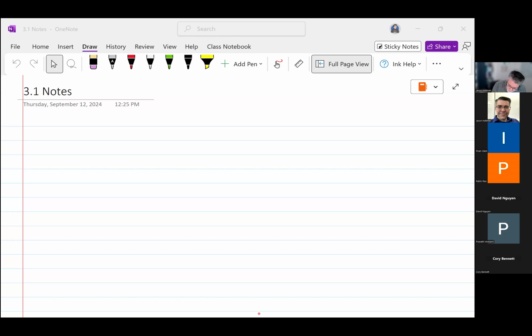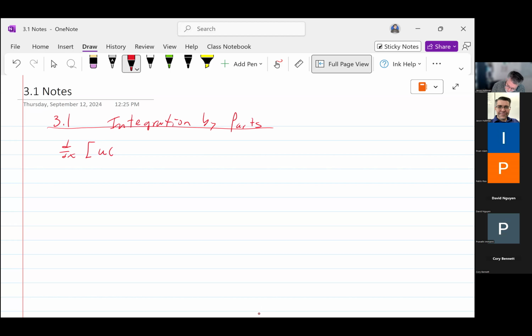Okay, 3.1 is on integration by parts. Okay, so when I take the derivative of two functions being multiplied together, we use something called the product rule.